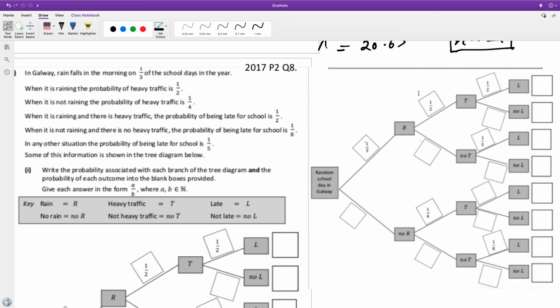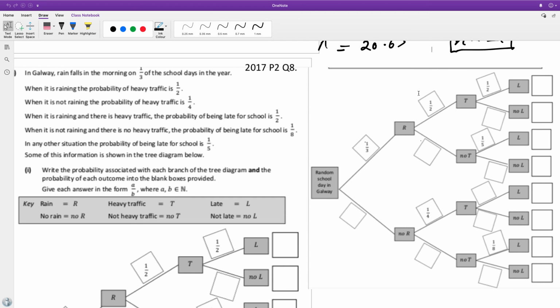We're getting 2/15. We are then getting 1/3 by a quarter by a fifth. We're getting 1/60. We're getting 1/3 by a quarter by 4/5. We're getting 1/15. We're down to these last two.